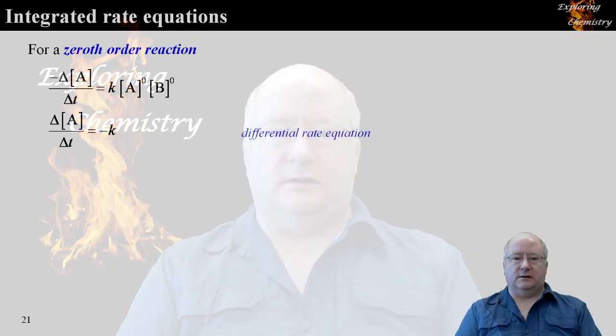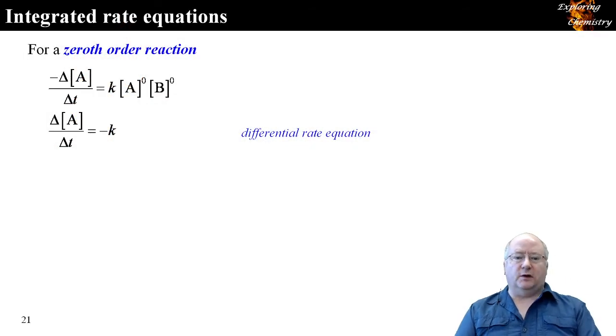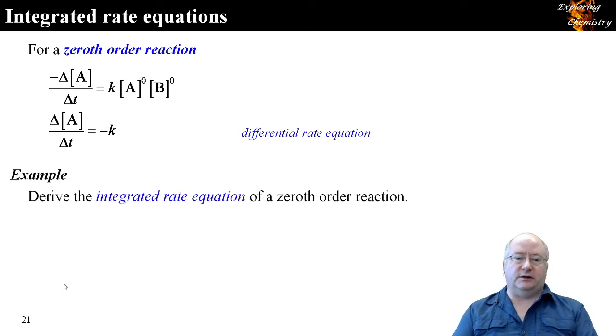All right, seeing no questions, what we're going to do is remind you where we were at last day. We were looking at the integrated rate equations, and we looked at a 0th order reaction, in which the change in concentration over change in time was not dependent on any concentration, and we had a differential rate equation.